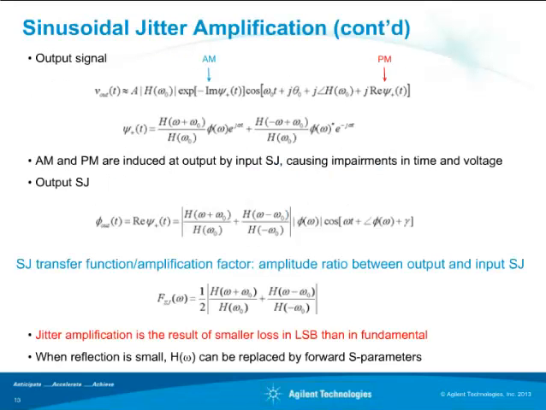So you can see the amplification factor is a function of the channel transfer function H. Okay, and H is determined by both the insertion loss and return loss. Yeah, in general, it's all four S-parameters.